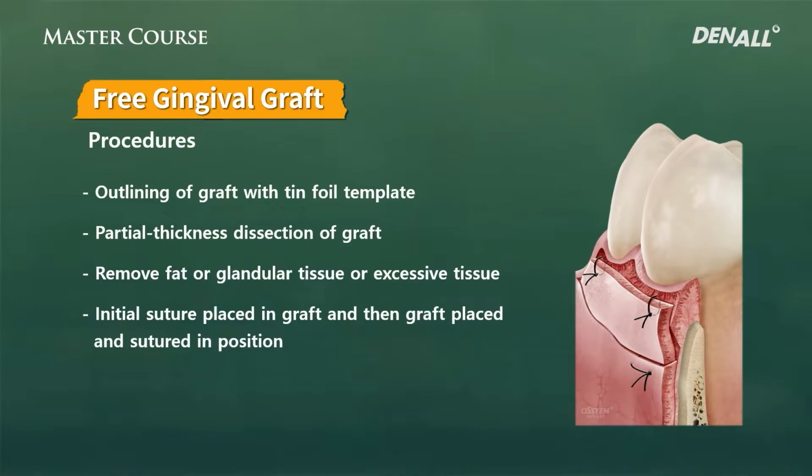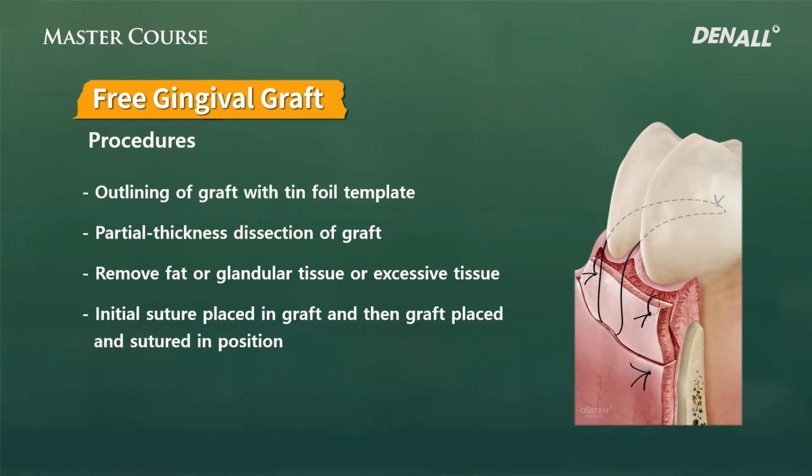If you look at it closely, the coronal part of the graft is sutured. In the inferior portion, we don't really do the suturing, so as not to interfere with the blood supply. Most importantly, the graft should not be mobile.